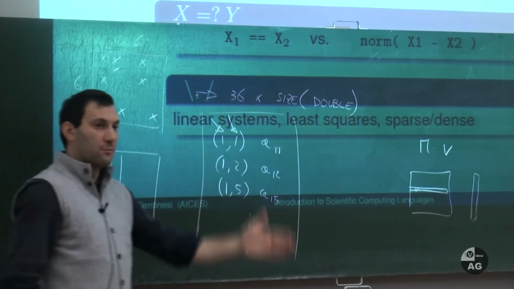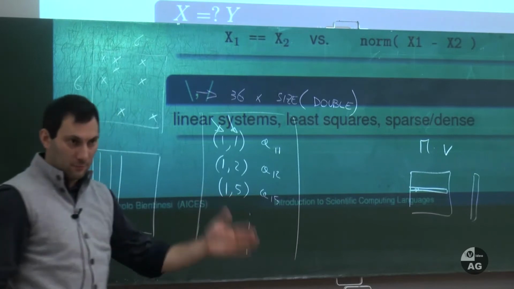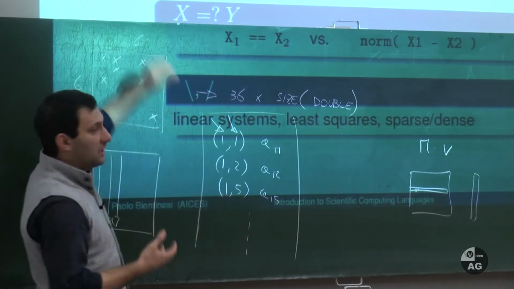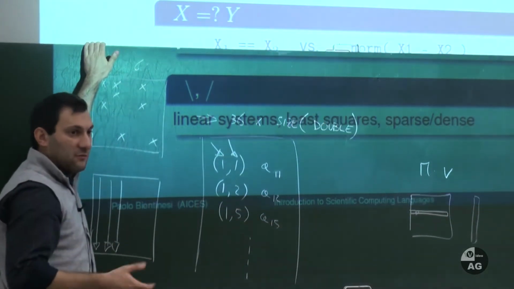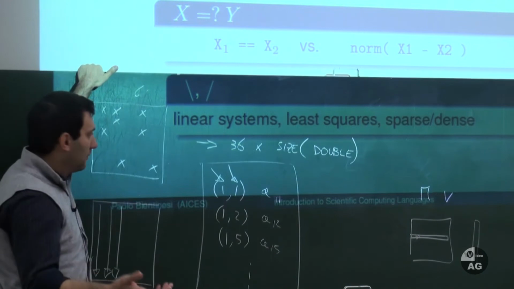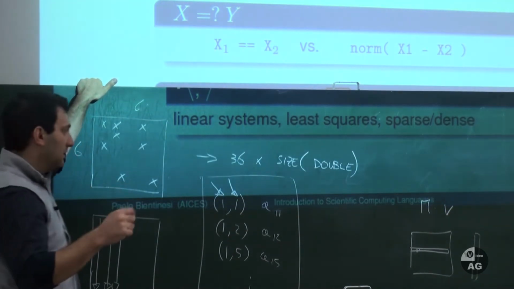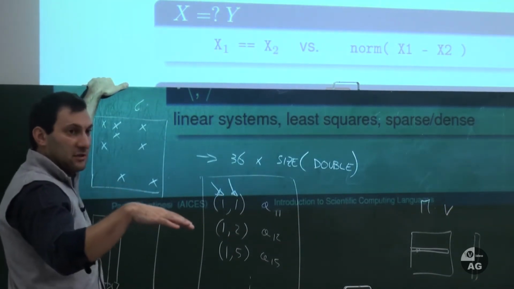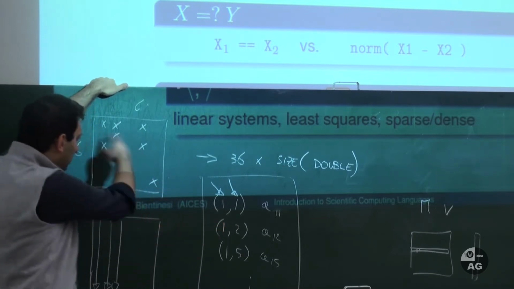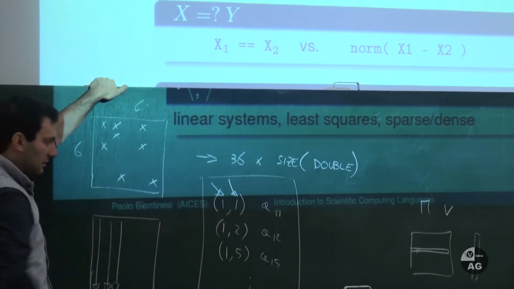If you go to 1% of the entries being different from 0, then the matrix is clearly becoming sparse. Again, if you have matrices in real life of size 1,000,000, most likely your density is less than 0.1%. At that point, clearly you really want to store the matrix like this.